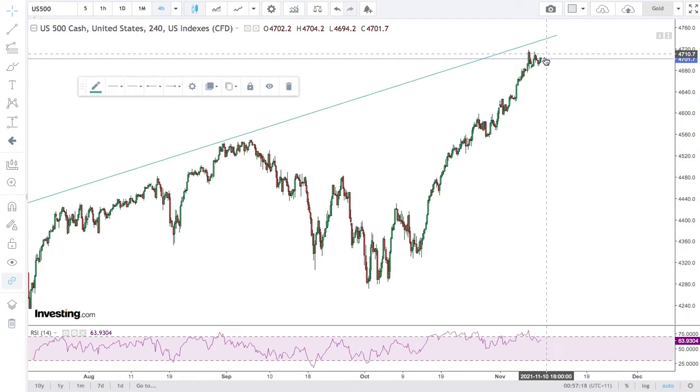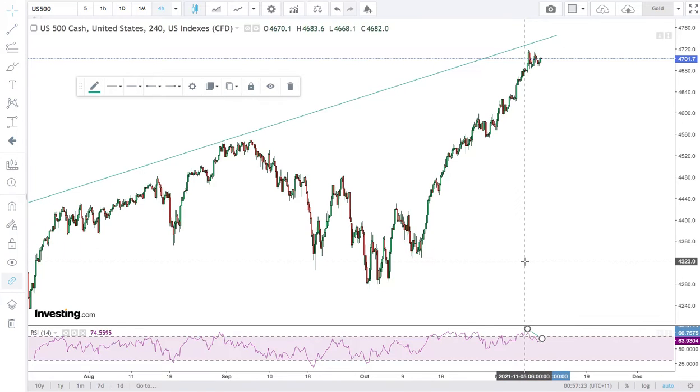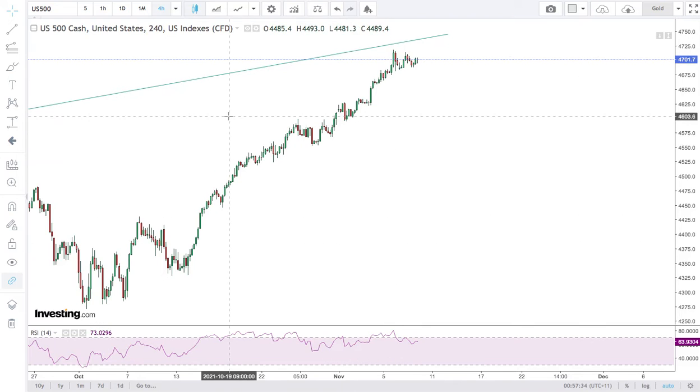And on the 4 hours, which I do like to trade, it is just doing that. It's not negative divergence actually, but it is coming off the boil. It's starting to turn. So that's the next signal.